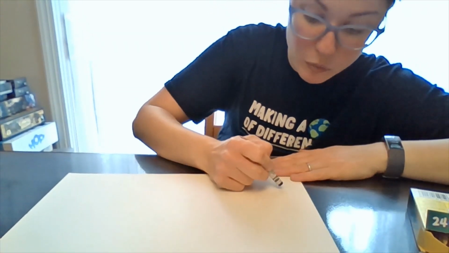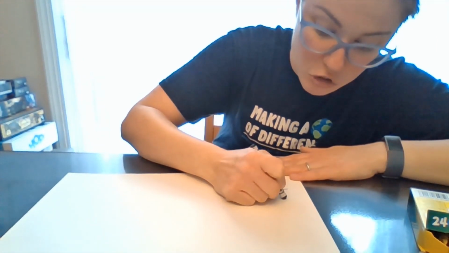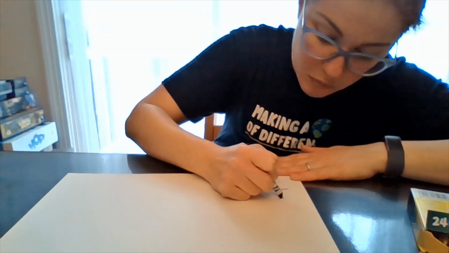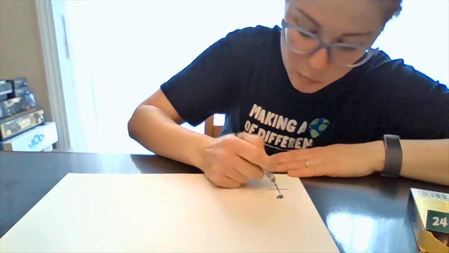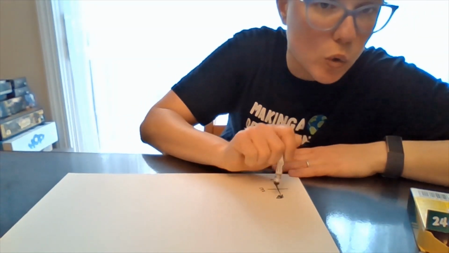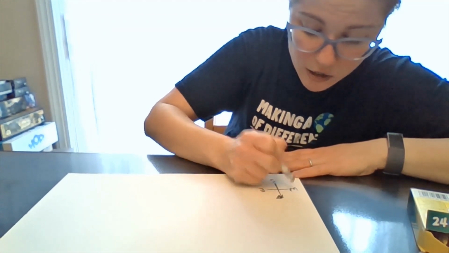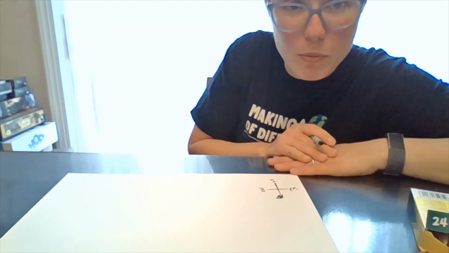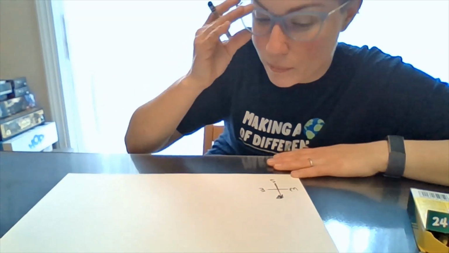A simple compass rose is just a plus sign, and then you show where north is, just like I did on my other paper. And if you want to, you can put the other directions on there. Remember, north is usually shown at the top, south is usually shown at the bottom, and then west and east you can remember because they spelled the word we. At least that's how I remember it.